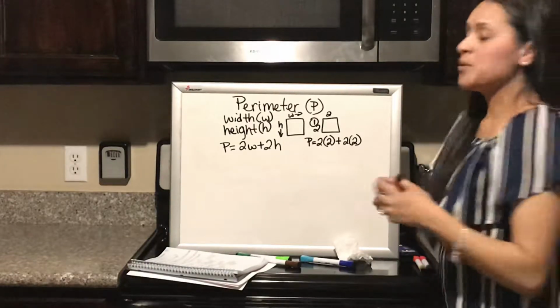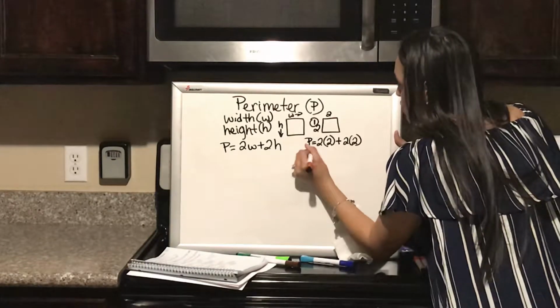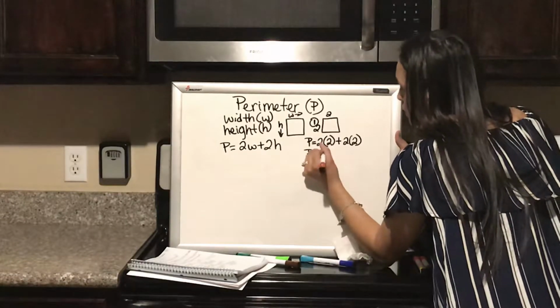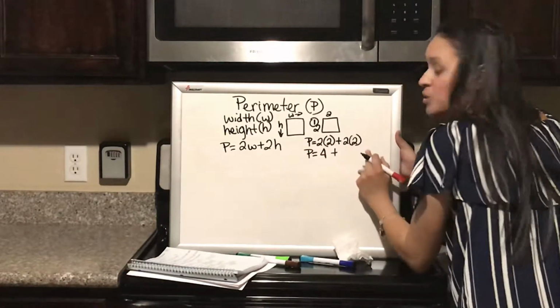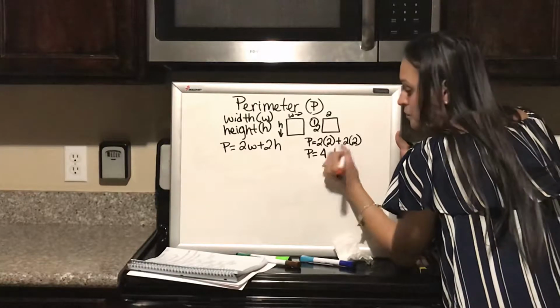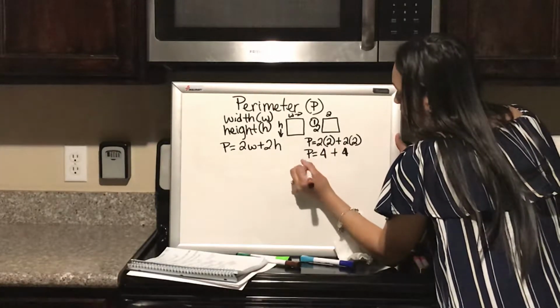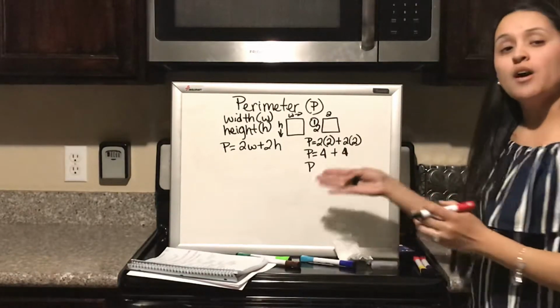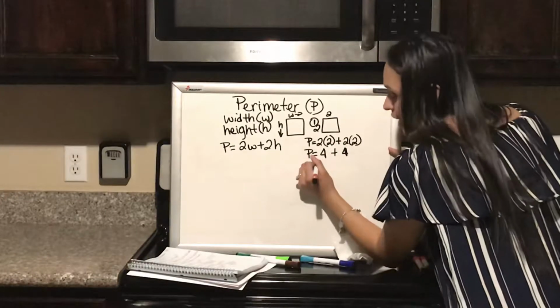Now, order of operations, let's do our multiplication first. So P equals 2 times 2 is 4, plus 2 times 2 is 4. Then, order of operations, we'll do our addition of 4 plus 4 to get 8.